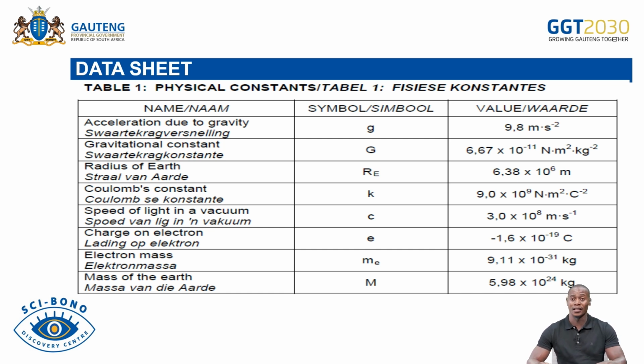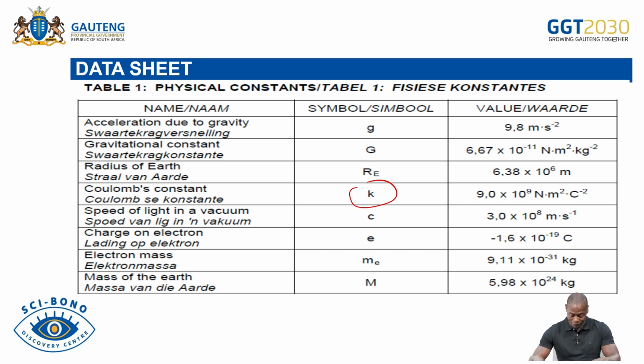That g is acceleration due to gravity on planet Earth, which is 9.8 meters per second squared. Then the gravitational constant, which is what we are going to look at today, in Newton's law of universal gravitation, and Re, which is the radius of the Earth. And then K, we are not going to focus on K because we haven't touched on Coulomb's law. We'll look at that next week.